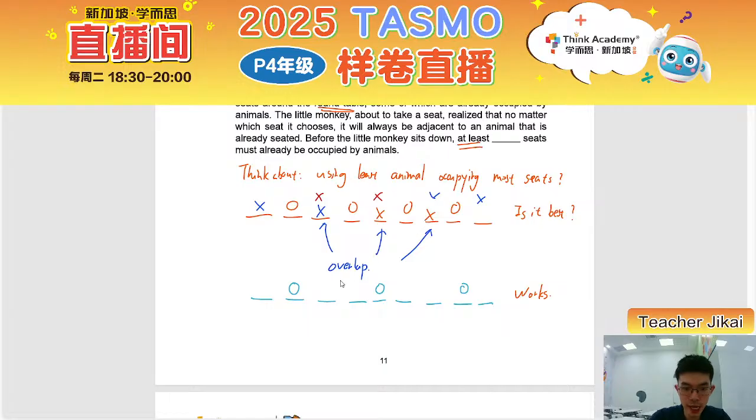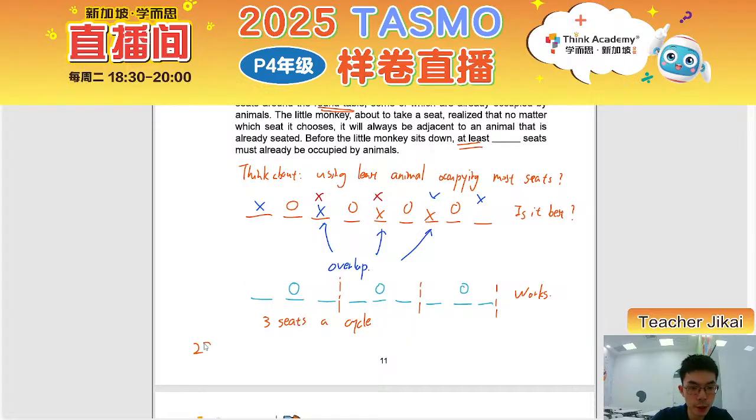So it is about the cycle, right? Every animal has 2 seats beside it, so we have 3 seats a cycle. If we have 3 seats a cycle and 28 seats altogether, it will be 28 divided by 3. Yes, we have 9 cycles, remaining 1 seat.